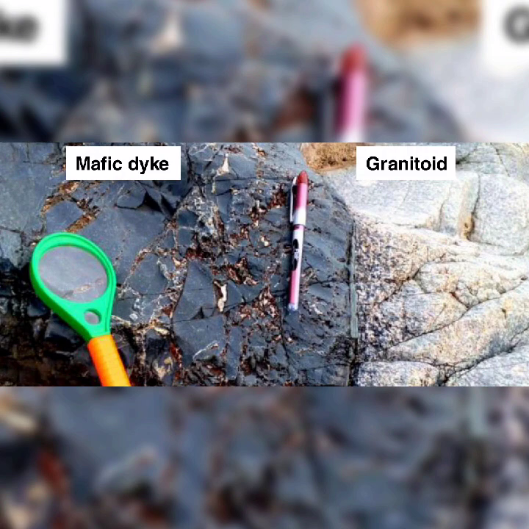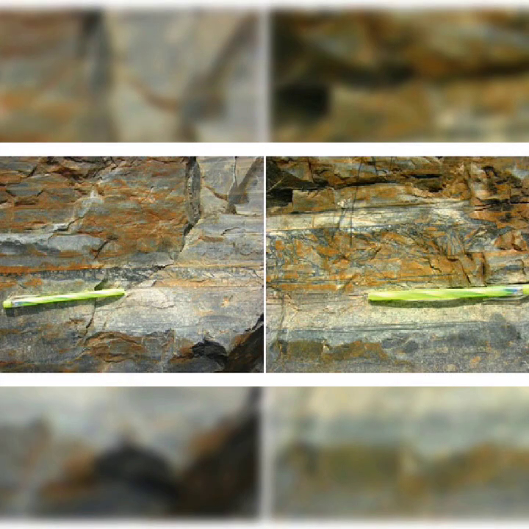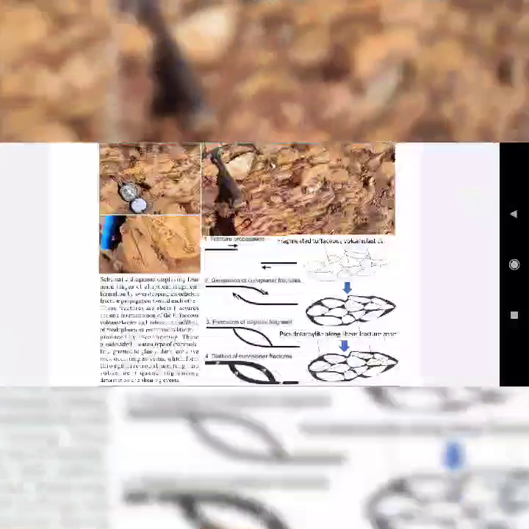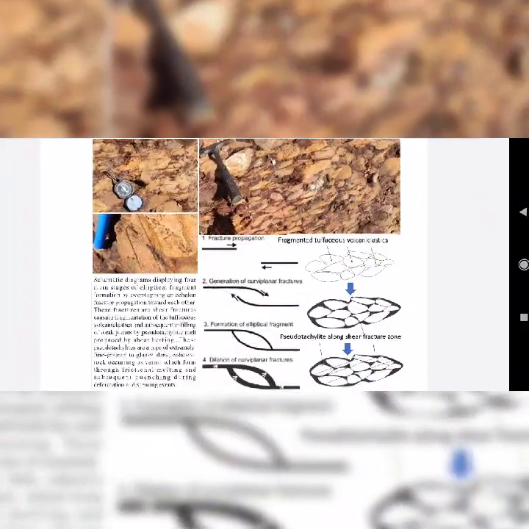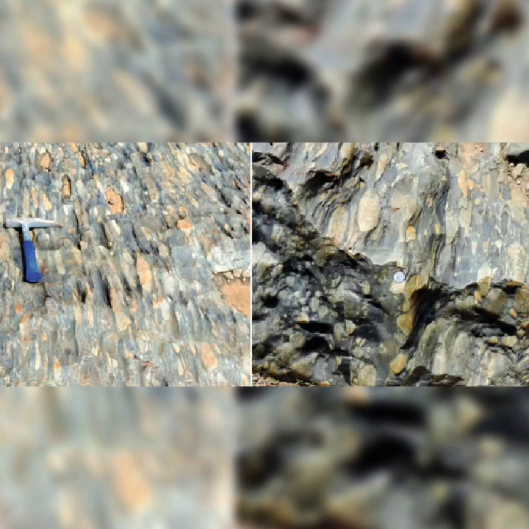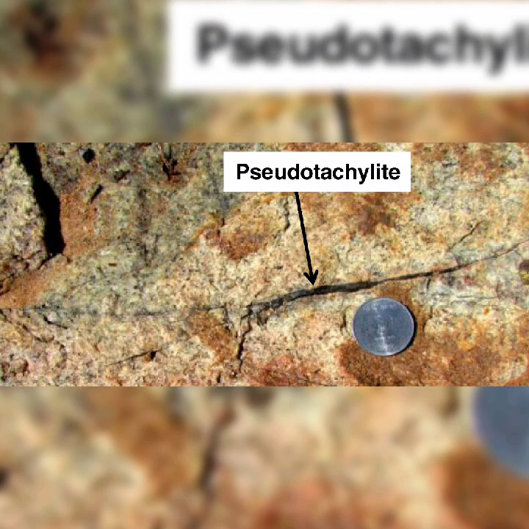Okay, so pseudotachylites have been referred to as fossil earthquakes, as they represent definite evidence of seismic slip. During seismic faulting, pseudotachylite forms through an extreme concentration of frictional sliding into a thin surface of a fault or deformation plane.